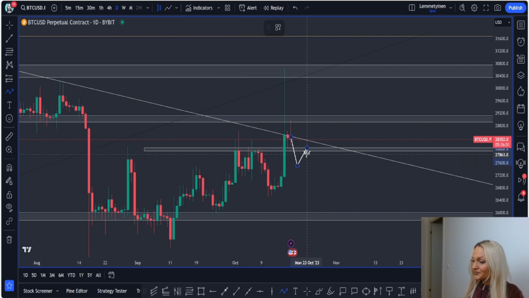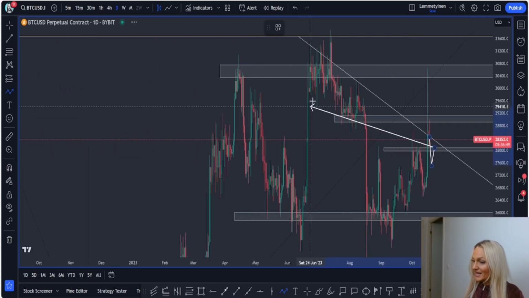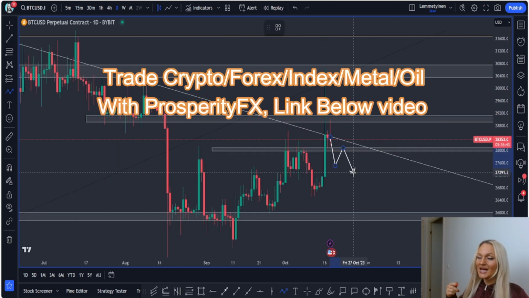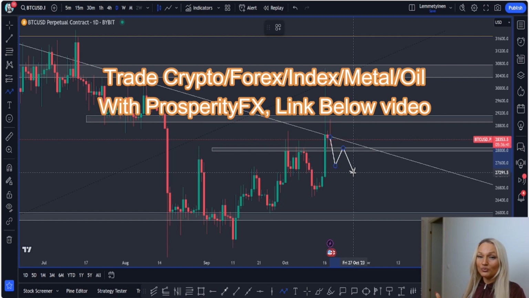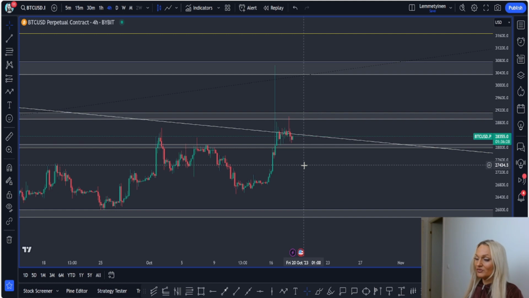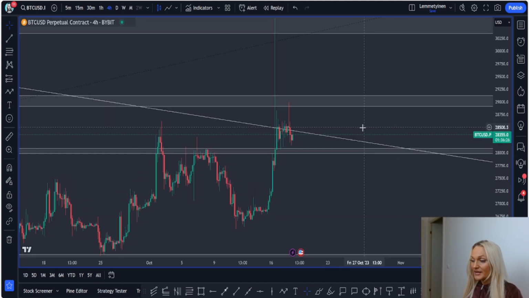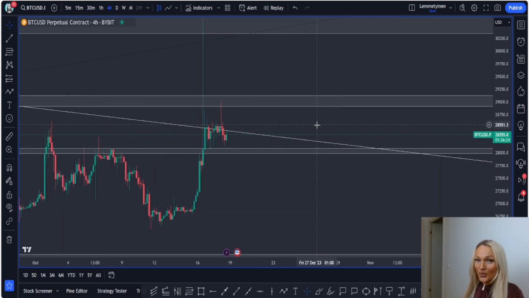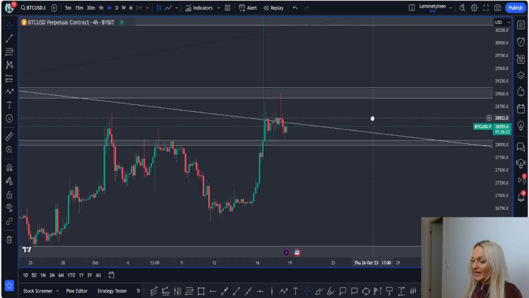Market drops down, retests the resistance the exact same way that we saw this high tested this resistance before the fake out. So this is something that's happening over and over again, and we are able to take advantage of this. Look at what the market is doing against the levels, and then you take the decisions of what the market is showing you, not what you think will happen.